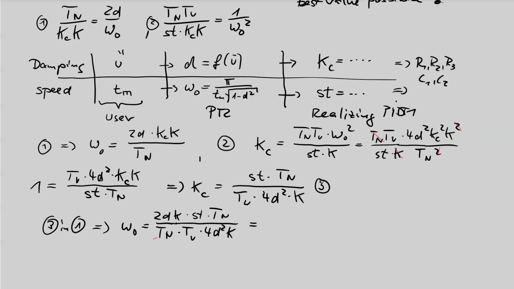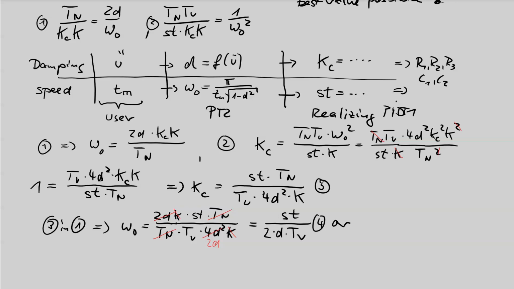Now the Tn can be reduced, the k can be reduced, the 2d can be reduced against 4d squared. This gives 2d. So finally we have the following equation. Omega naught is step depth divided by 2 times d times Tv, and that's all. That's equation 4, we can say.